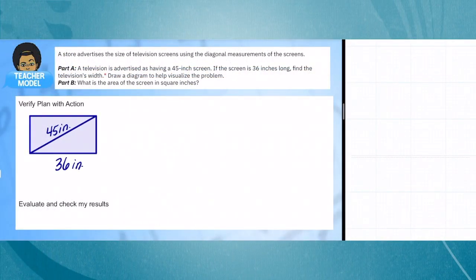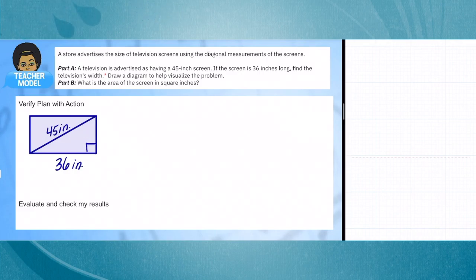Just like in a previous lesson, we have a problem with a rectangle and we're looking at the diagonal line, which creates a right triangle, so we can use this information to find the other side of this television screen. This is again why the Pythagorean theorem is super useful, because I can use it to find the side of a regular rectangle. Here we go.